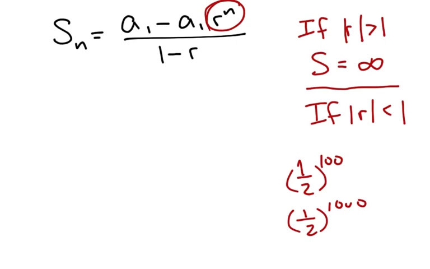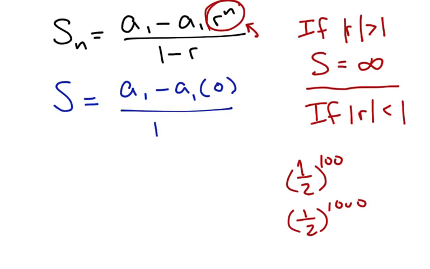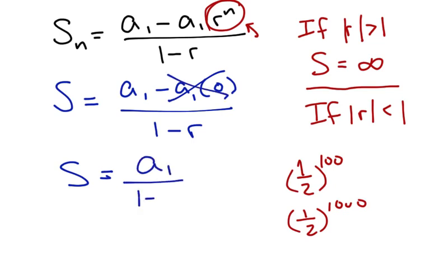And if we actually go way out close to infinity, this number right here turns into 0. And so as far as my equation goes, we're going to be taking this A1 times basically 0. So our sum of an infinite series is just going to be A1 over 1 minus r.